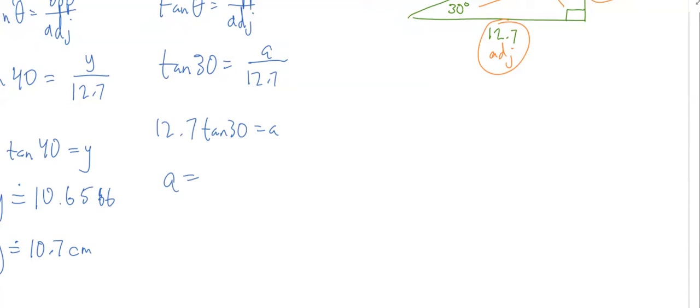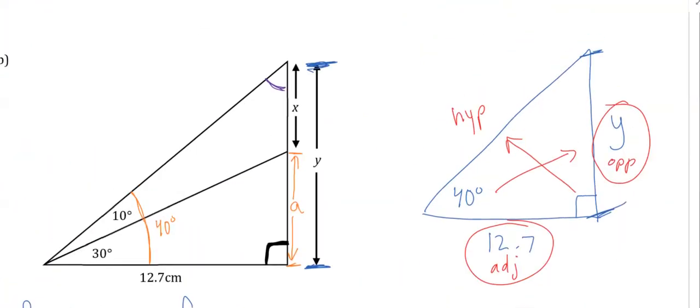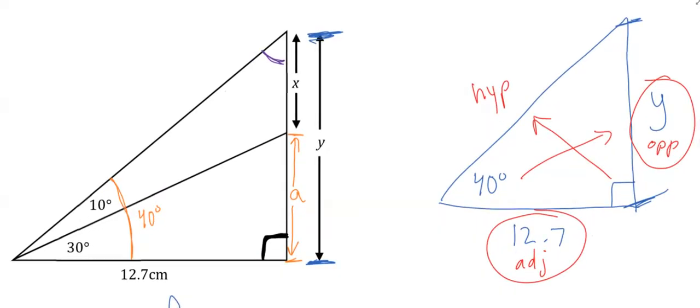Plug it in my calculator, and I got 7.3323. Now this isn't one of the things I was asked to find, so I don't need to round that anymore. I can just leave it like that. And then again, the last step for x. X is going to be equal. Let's just look at this to make sure everybody understands.